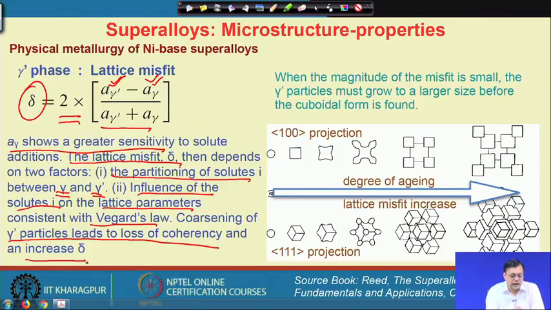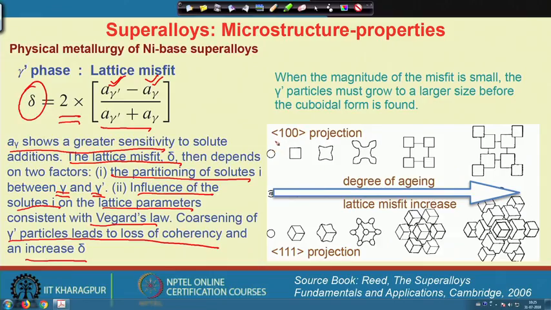So, now we can also look at the coarsening of the gamma prime phase that loses the coherency and increases the misfit. What I mean is that if you look at the microstructure, the morphology of this gamma prime phase, we can get a rough estimate whether the lattice misfit has increased or decreased.